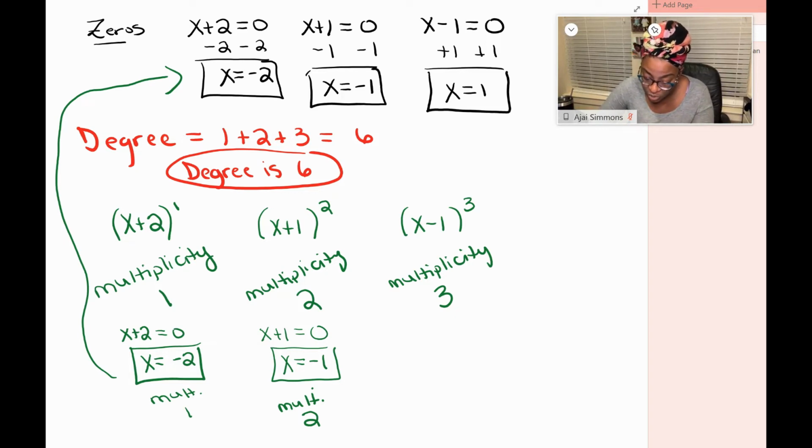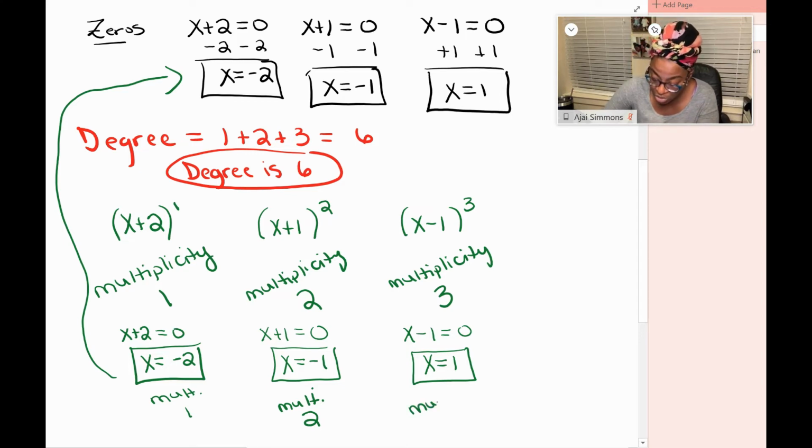The next one is x minus 1 equal to 0. And remember, when we solved for x earlier, we got x equal to 1, which is one of my zeros. The power connected to x minus 1 is 3, so the multiplicity is going to be 3. And 3 is an odd number, right?